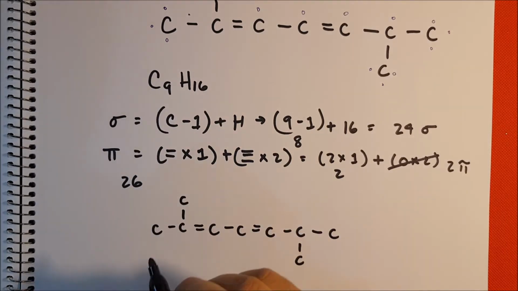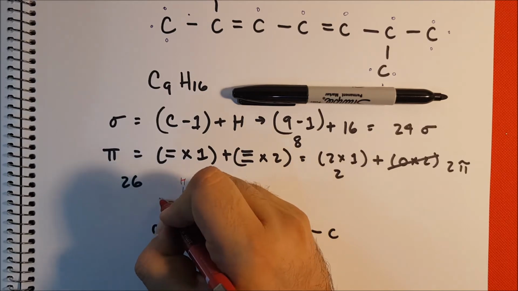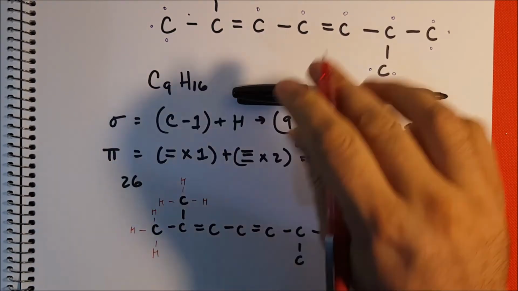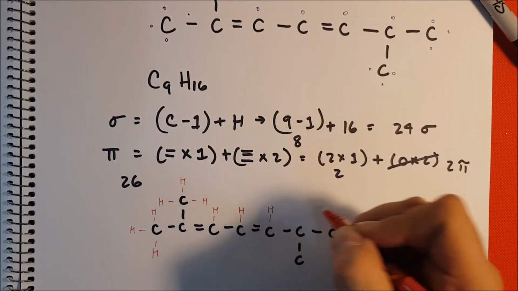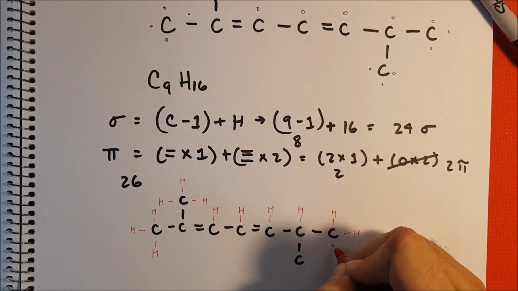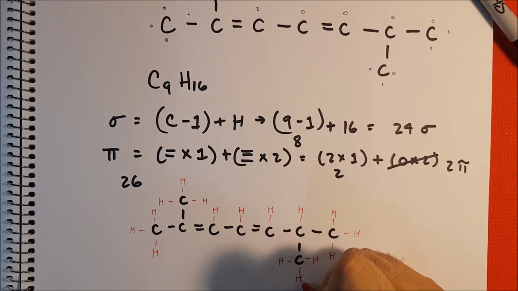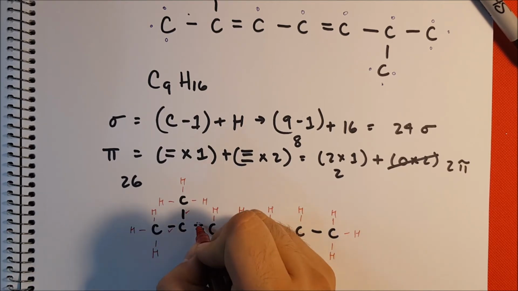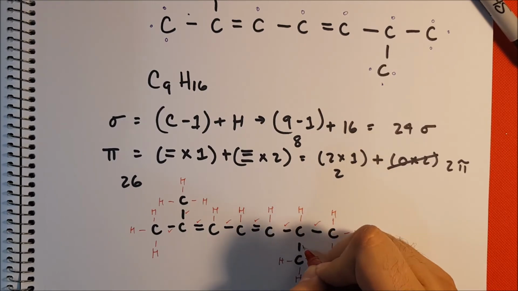Okay, so now let's see. 1, 2, 3, 4, 5, 6, 7, 8, 9, 10, 11, 12, 13, 14, 15, 16, yes, 17, 18, 19, 20, 21, 22, 23, and 24.